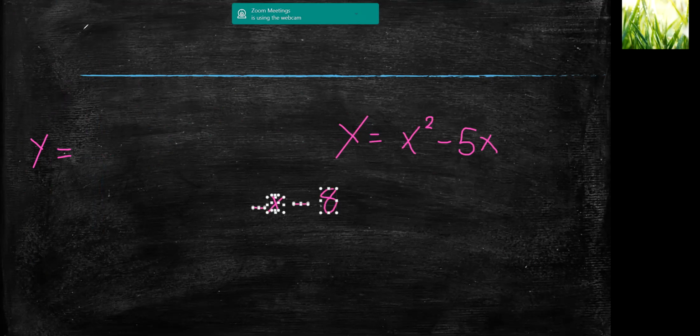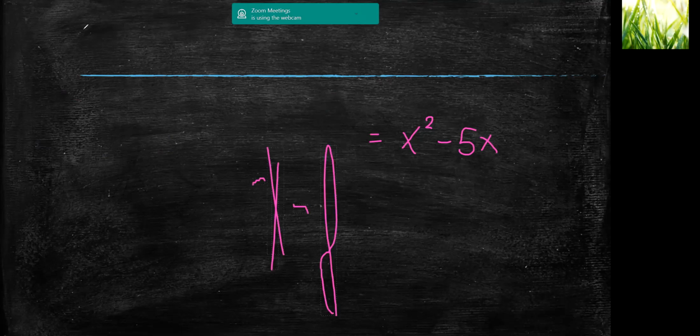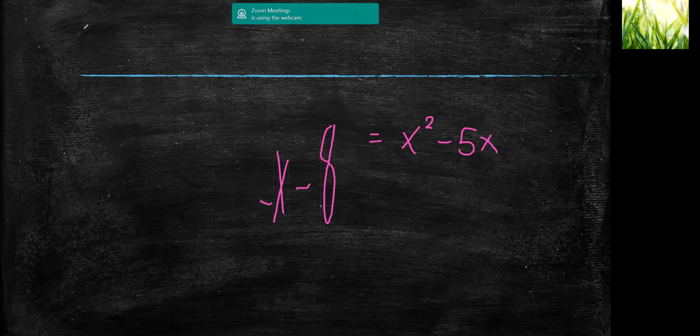So I will remove this y and I will replace it with negative x minus 8 here. So I will put them like this. Then after that, I want to write them in the standard form to factorize them.